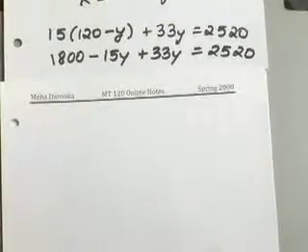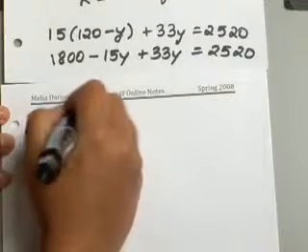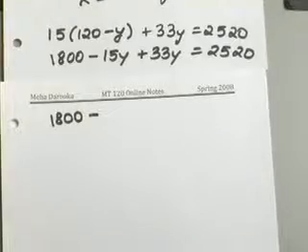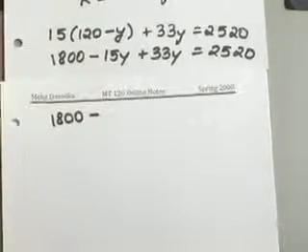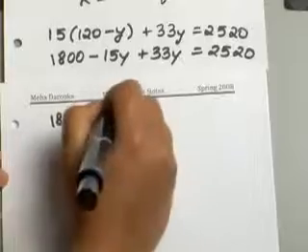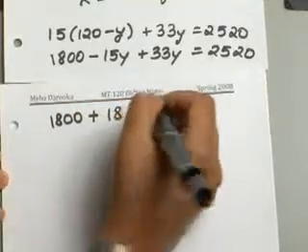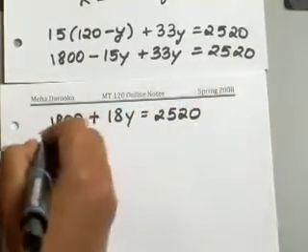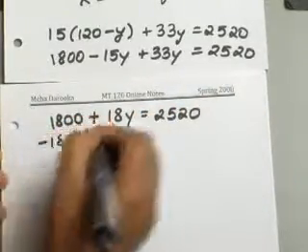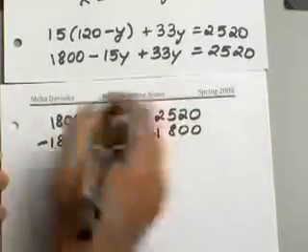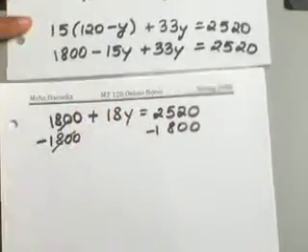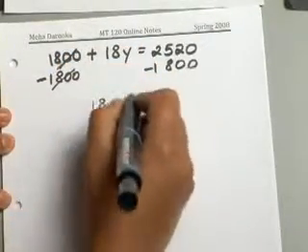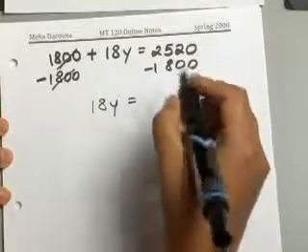Let's go ahead and combine our y's together, and that will give us minus 15y plus 33y will give us, let's see, 18y, positive 18y, and of course you have your 2520 on the other side. Now let's go ahead and move our 1800 to the other side, because again we are trying to get y by itself.